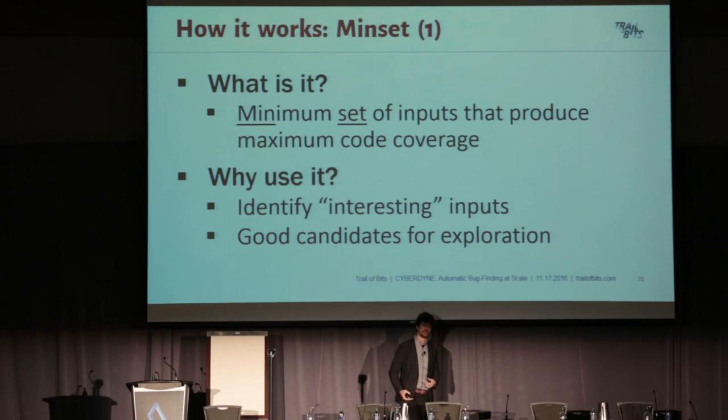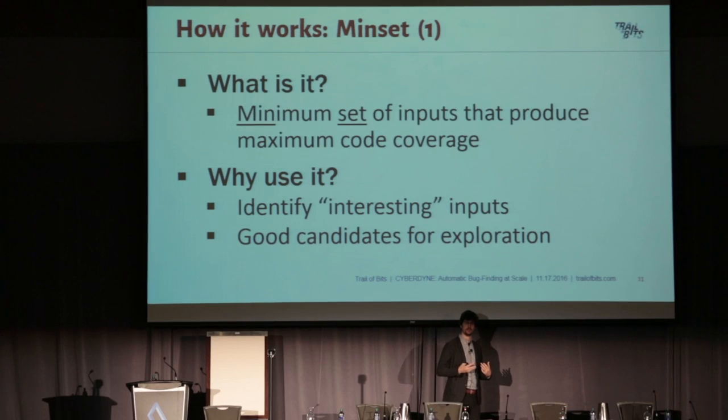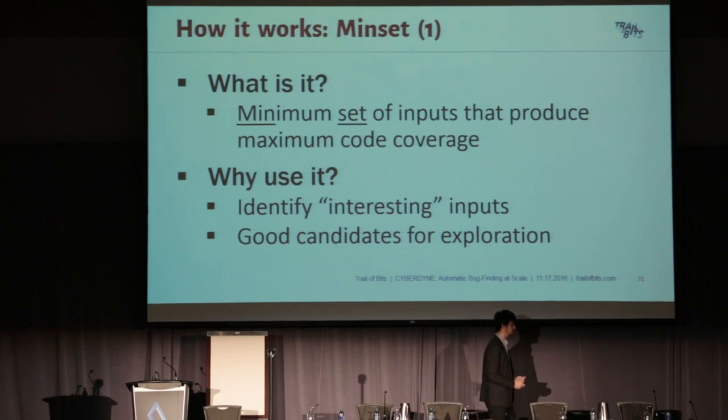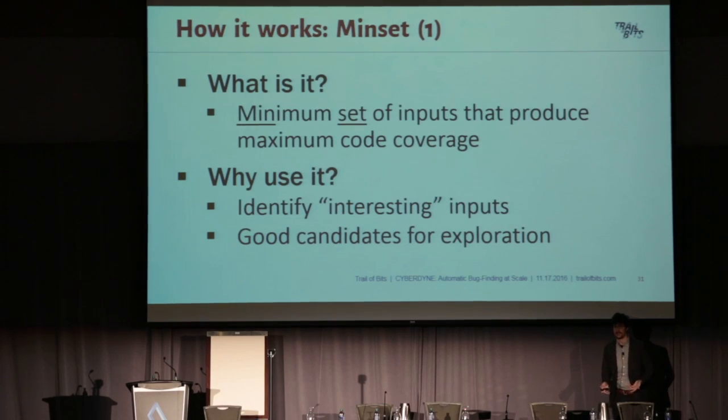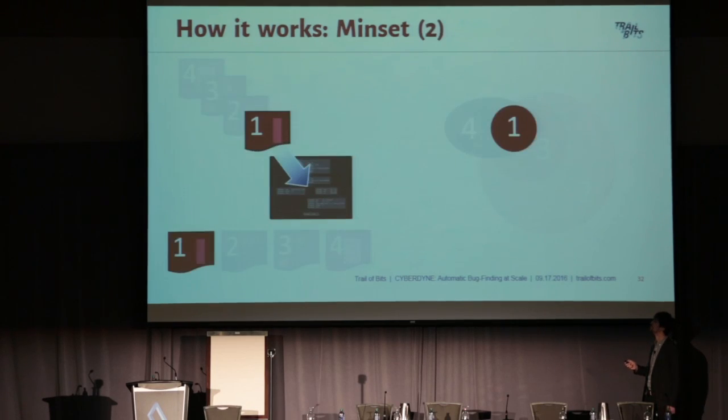If you have a lot of computational resources, great. Maybe you want bigger sets of code coverage producing inputs. But sometimes, you're like me, you might only have your laptop and you want to run the system. The purpose of it, though, as we said before, is just to identify these interesting inputs. They get new code coverage, they're interesting, we send them back around.